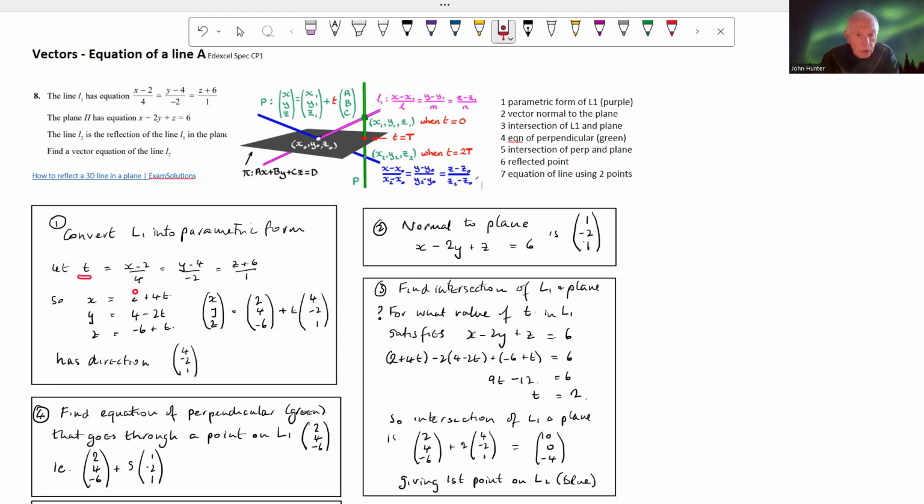So if you just let this parameter equal all these things, then we multiply out the x, the y, the z, and we can see from that, therefore, that we can rewrite that in this vector form here: 2 plus 4t, 4 minus 2t and minus 6 plus t. Okay, and that's given us that direction vector (4, minus 2, 1).